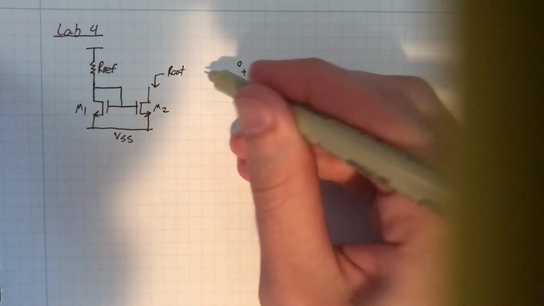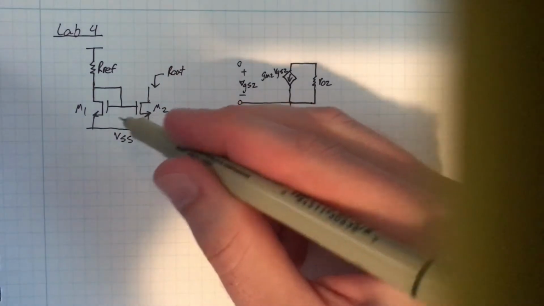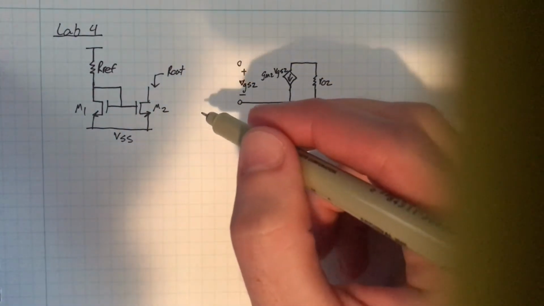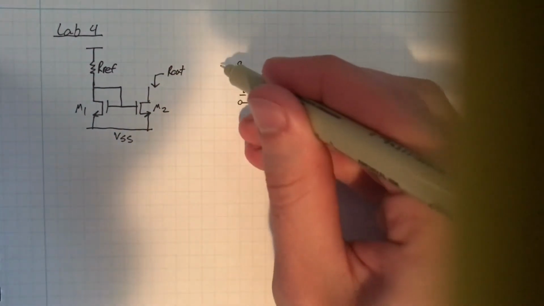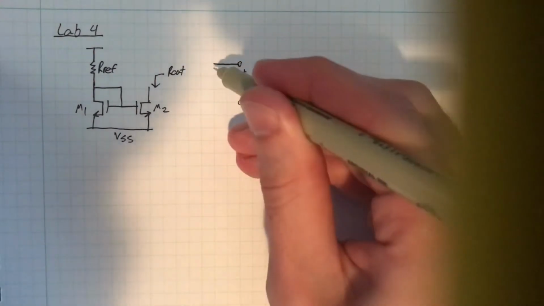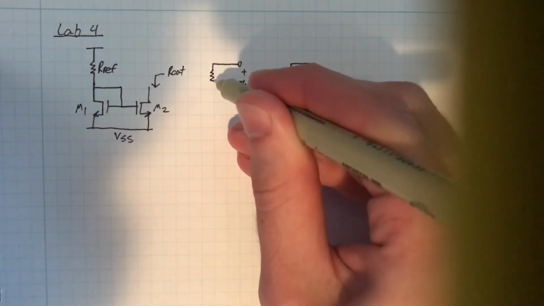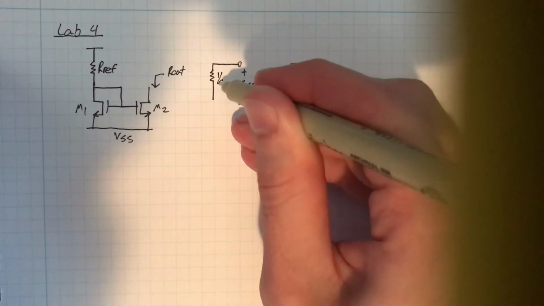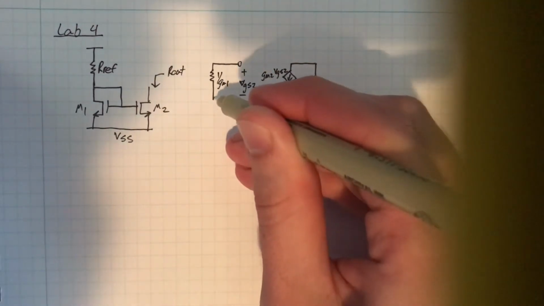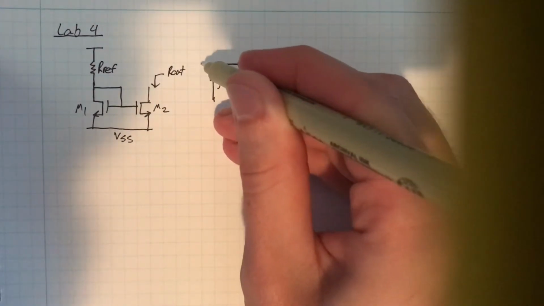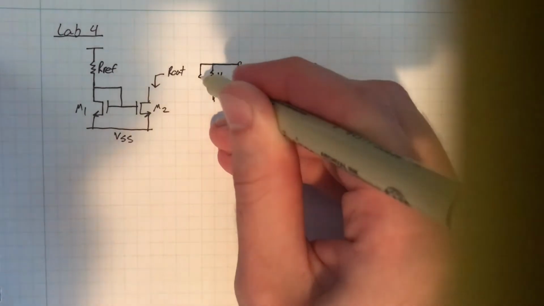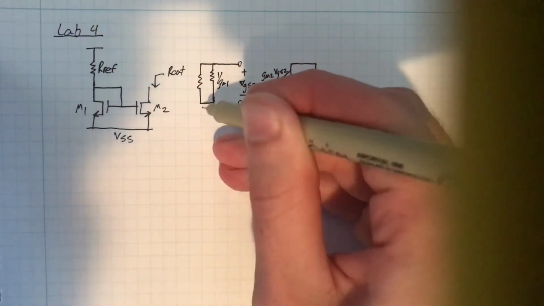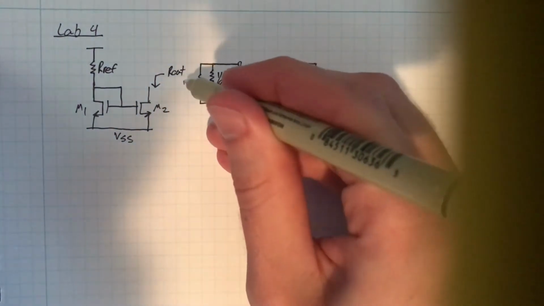And over on the other side, we have a diode connected transistor, which in the small signal model can just be replaced with a resistor of 1 over GM1. And in parallel with that, we have our RF.